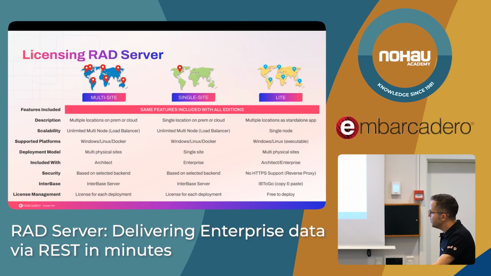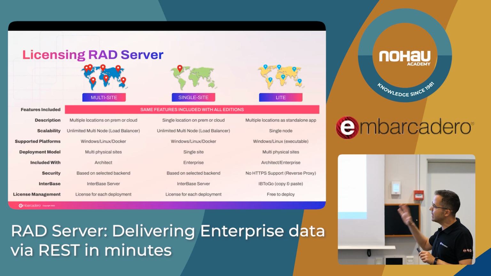And as I mentioned a few minutes ago, InterBase is needed for multi-site and single site. You need an InterBase server instance running. It doesn't imply that your data needs to be in InterBase as well. You can connect to any database with FireDAC, so you can have your data in Oracle or PostgreSQL or MySQL.